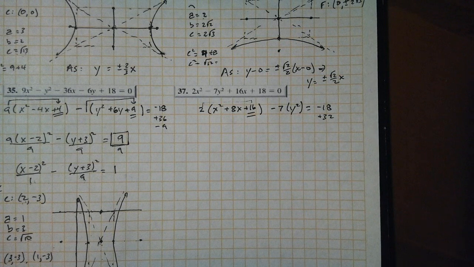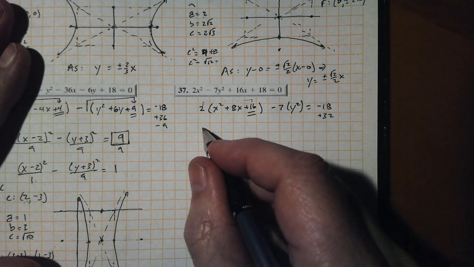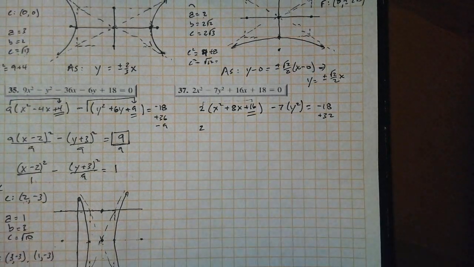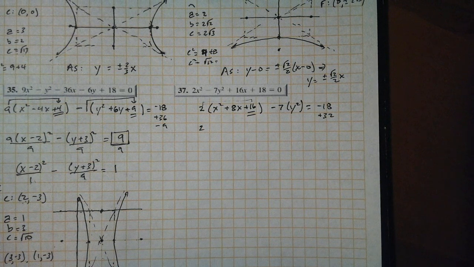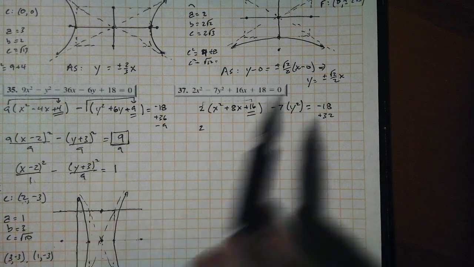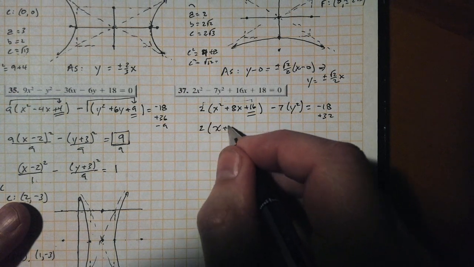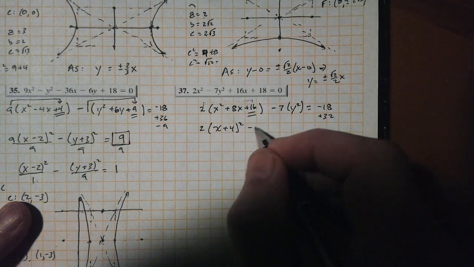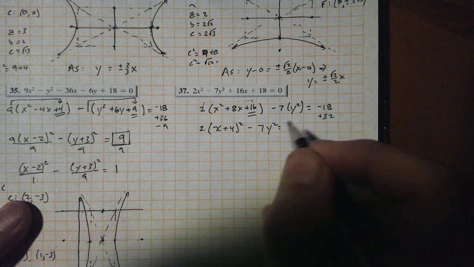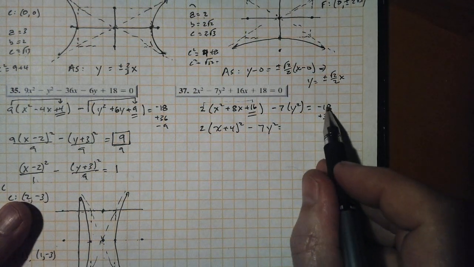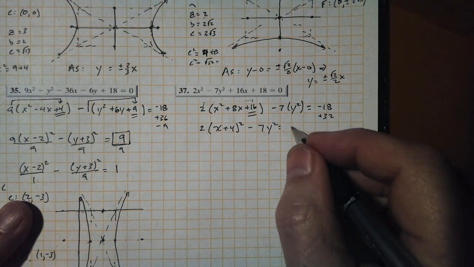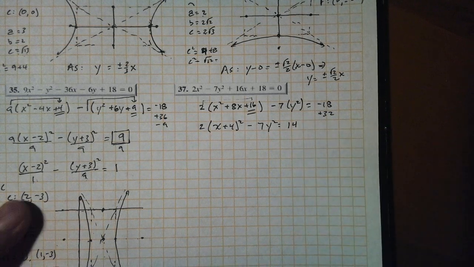Well, I think we did get a little bit of a break here. You might see where I'm heading with this. I get 2, screen froze again. My screen maybe not. Okay, we're still good. I get 2 times quantity x plus 4 squared minus 7y squared equals, this is a little blessing here, -18 plus 32 is positive 14.